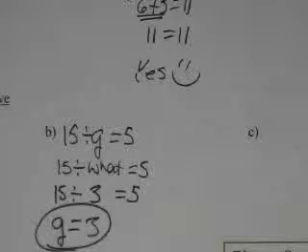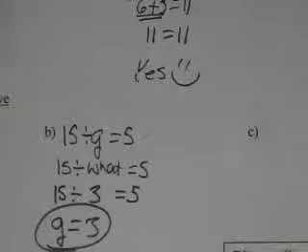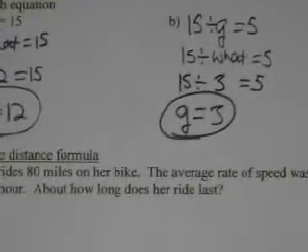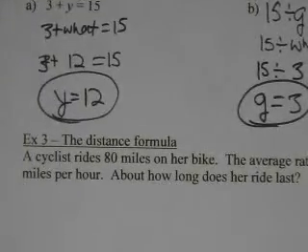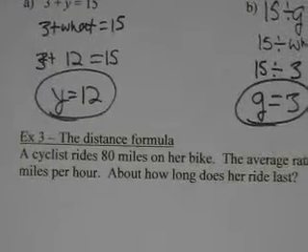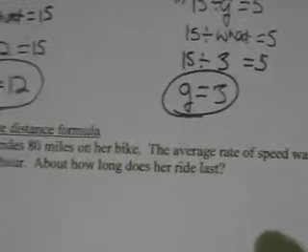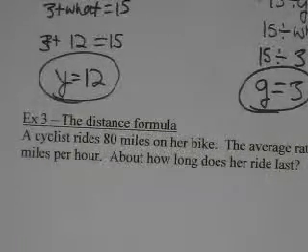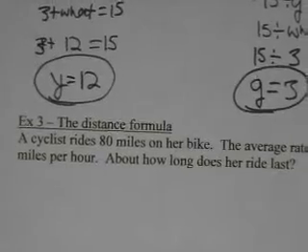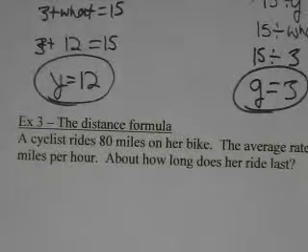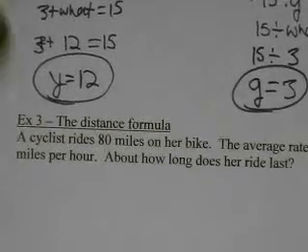Alright. So let's look at an application of this. When would we use an equation? Well, here we have a little word problem. It says, a cyclist rides 80 miles on her bike. The average rate of speed was 20 miles per hour. How long does her ride last? Well, I can give you a little equation to do this.